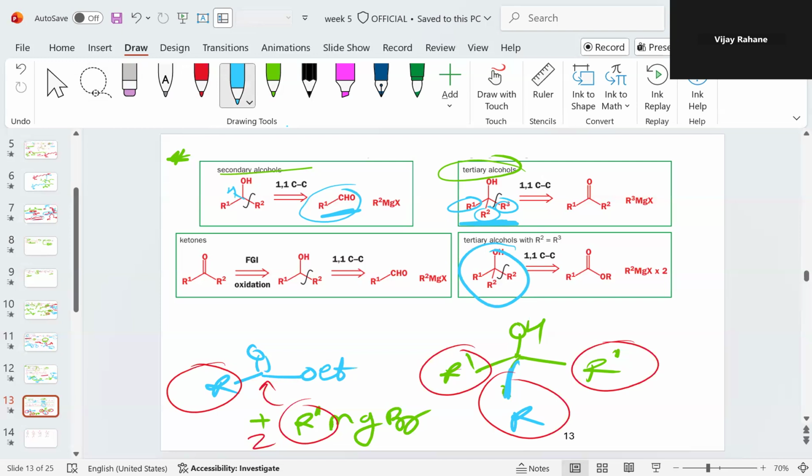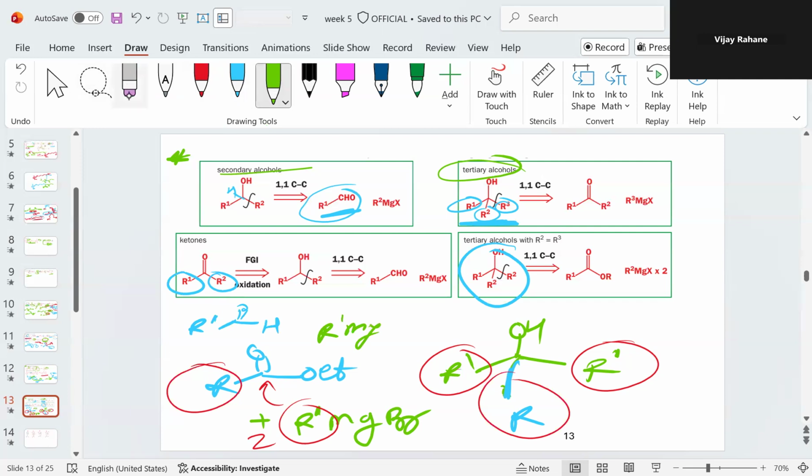Another example, what we can do. Let's say we have a target molecule which is an alcohol. How can one approach this type of retrosynthesis? We can add to the aldehyde the required R, let's say R dash MgBr.